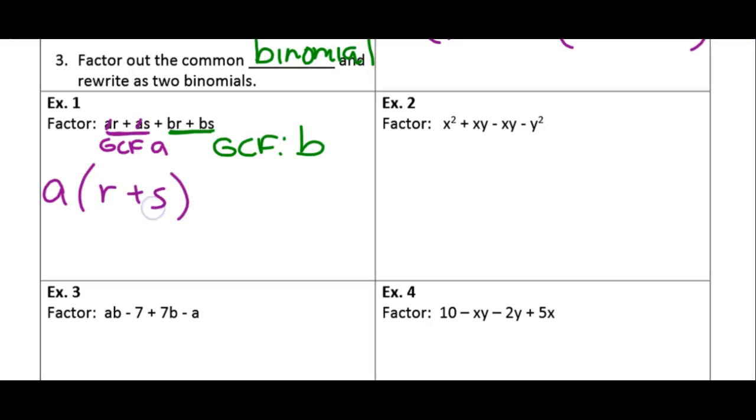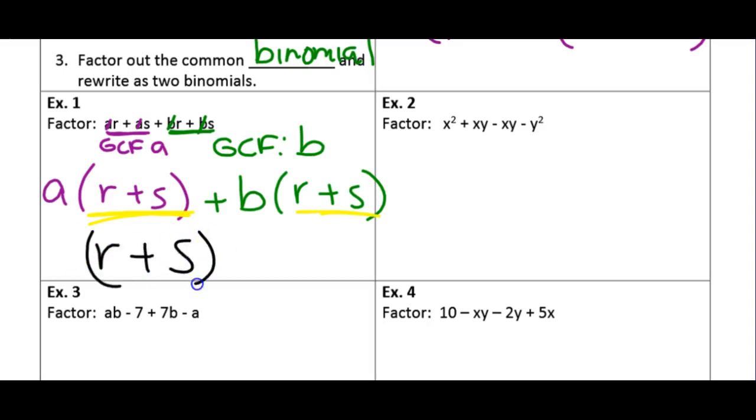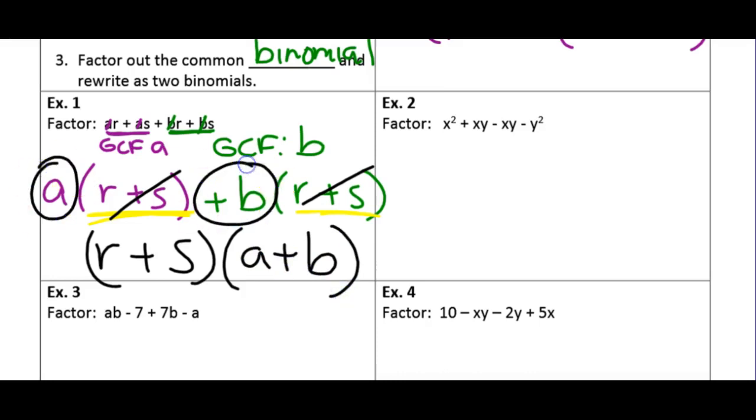R plus S. That second group had a GCF of B, so plus B, and when I remove B, what's left? R plus S. Now you should be able to see here that I have a common binomial that's R plus S. R plus S gets factored out. When I remove that from each of those groups, what's left? A plus B. There are my factors.